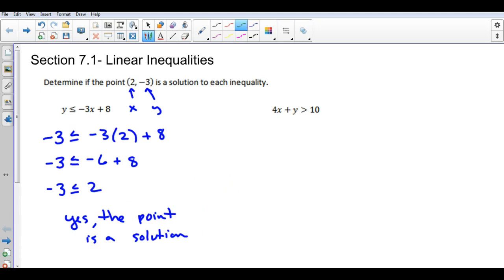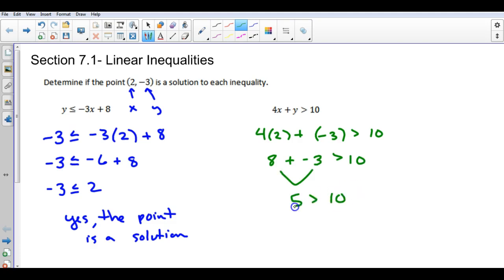Next one. What I'm going to do is the same process. I'm going to take the 2, substitute it in for x, but now this equation is in standard form. It's not going to make much of a difference. Add the negative 3 for the y. So this one I have 8 plus negative 3, and I want to know if that's going to be greater than 10. So 8 plus negative 3 is 5, and 5 is not greater than 10.